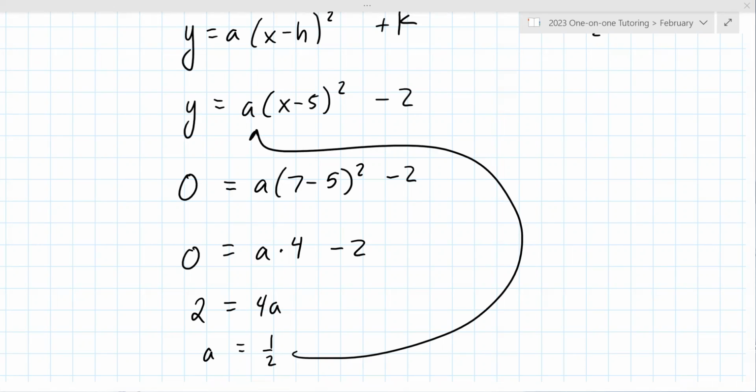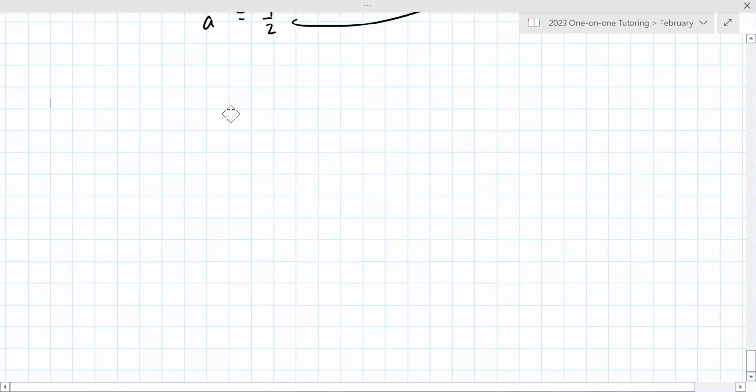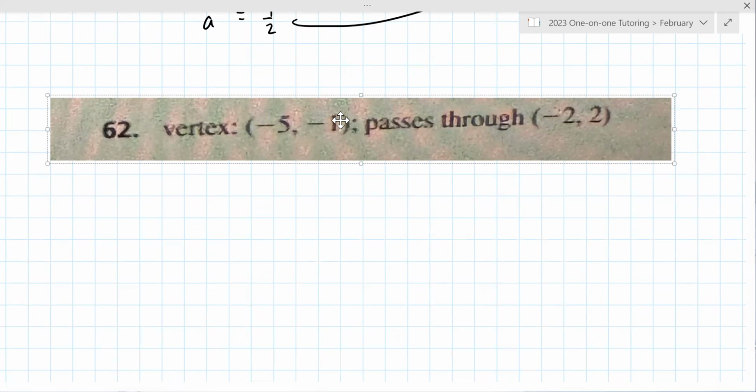You did so well, you might as well do 62. You'll see something like this, I'm assuming, on the quiz. y equals a(x minus h) squared plus k. y equals a(x plus 5) squared minus 1.